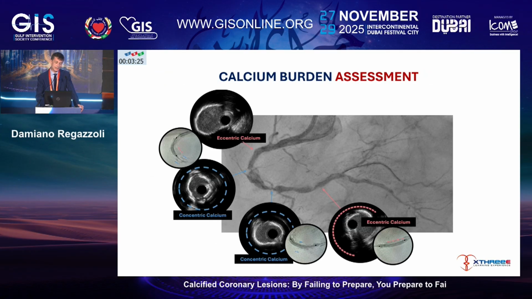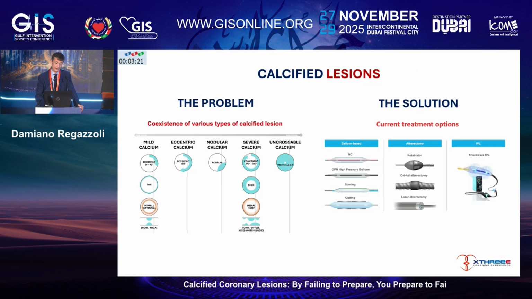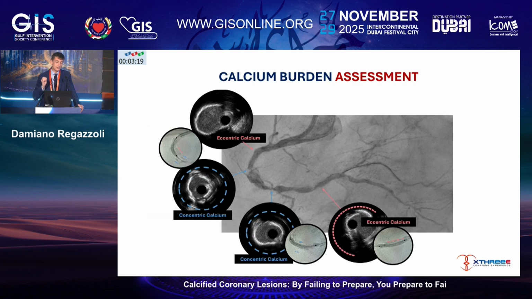In this long RCA, we have eccentric calcium in the proximal portion of the artery, then concentric thick calcification in the mid portion of the artery, and then once again in the distal portion of the RCA, a big eccentric calcification.